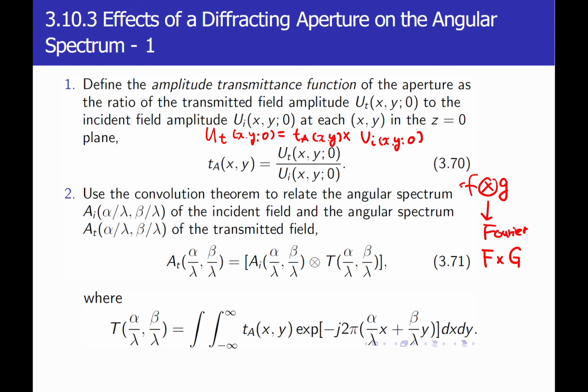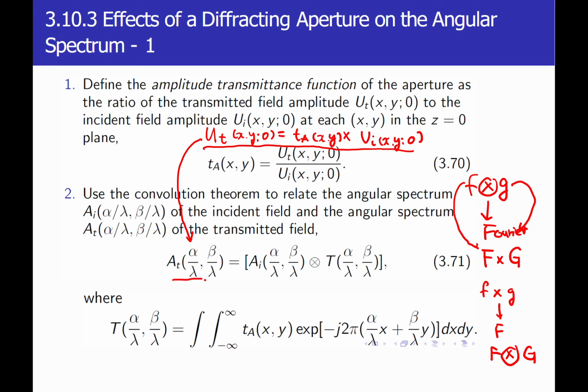Here the Fourier transform of small f is capital F, and the Fourier transform of small g is capital G. And in the same manner, if we have a multiplication in real space, when you do the Fourier transformation, we get the convolution. So it is nothing new. You have already known about this, but this is very important.